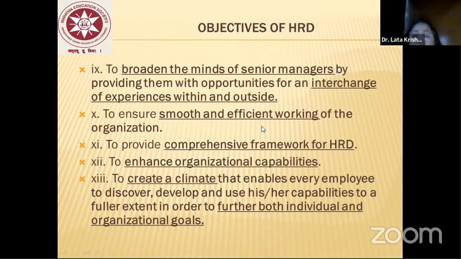framework, a comprehensive framework, a plan which is chalked out after studying every employee very carefully, understanding his career goals, his abilities, his strengths, his weaknesses.